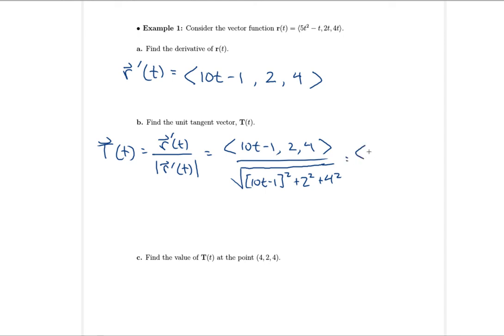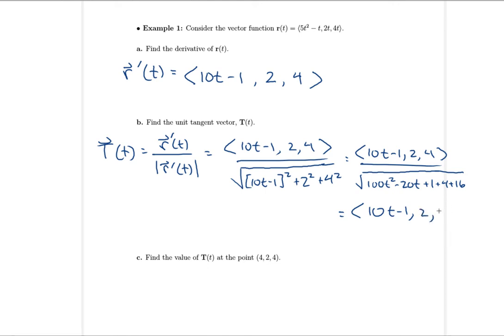And I can do a little bit of simplifying here, I think. So in the denominator, we've got 100t squared minus 20t plus 1 plus 4 plus 16. All right, so that means we have this as our final answer.